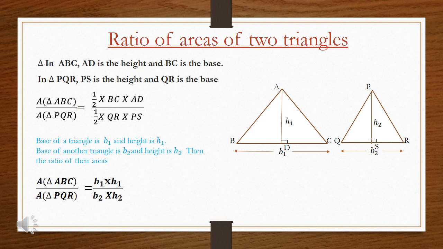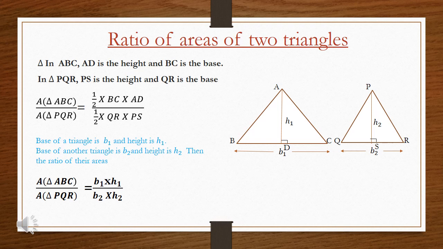Because BC and QR are bases of triangle ABC and PQR respectively. Also, AD and PS are heights of triangle ABC and triangle PQR respectively.